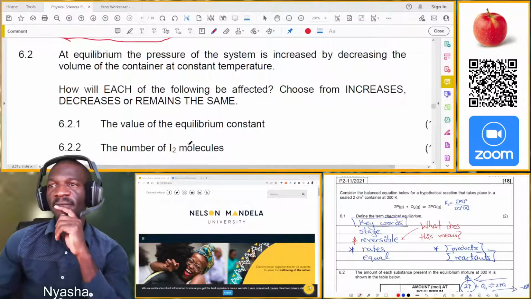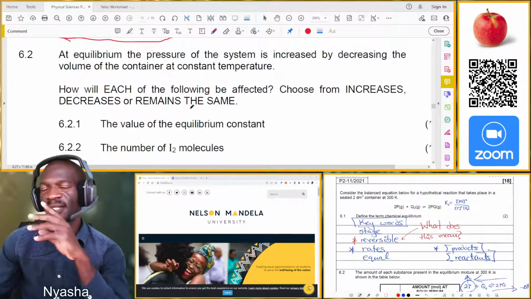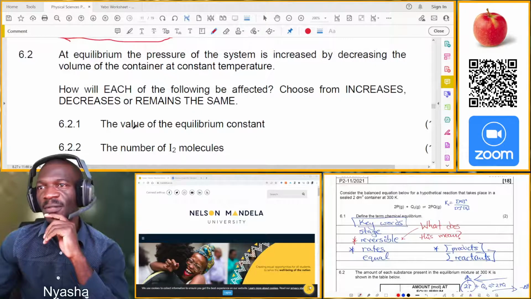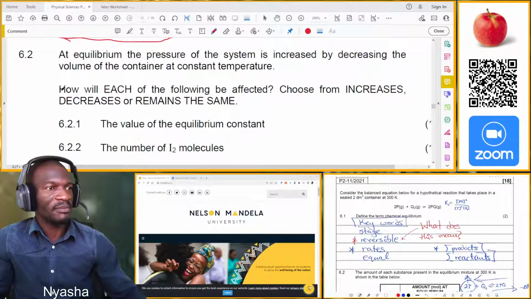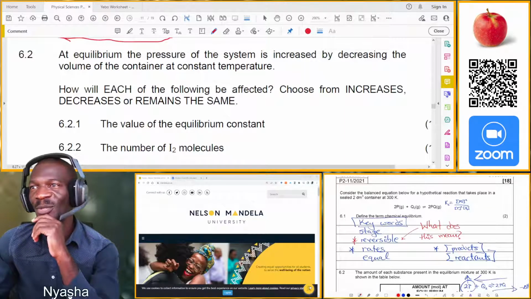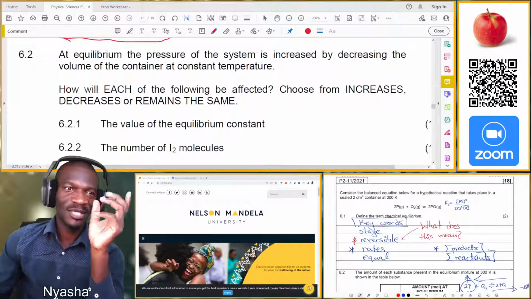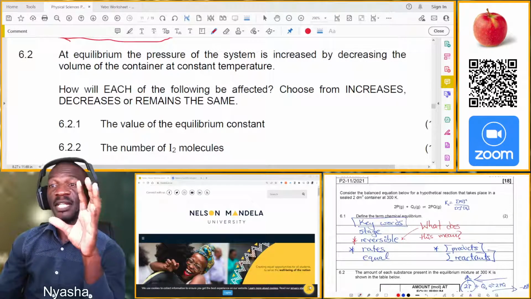You're choosing from increases, decreases, or remains the same as usual. So you want to find how the value of the equilibrium constant is affected, and how the number of iodine molecules are affected if you change the pressure. So can you see the concept of changing parameters?